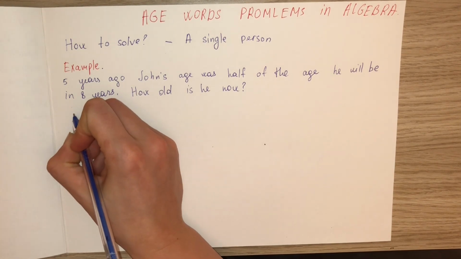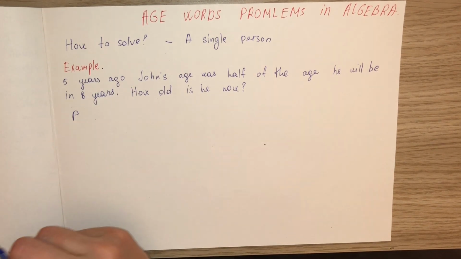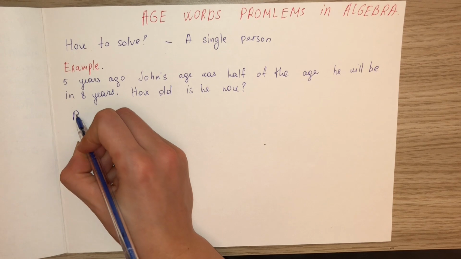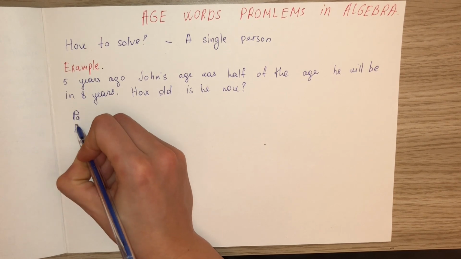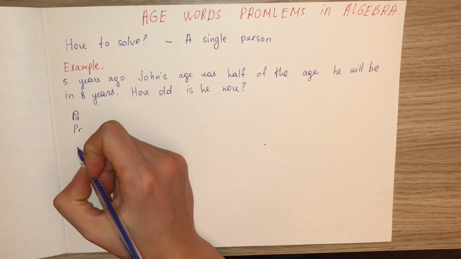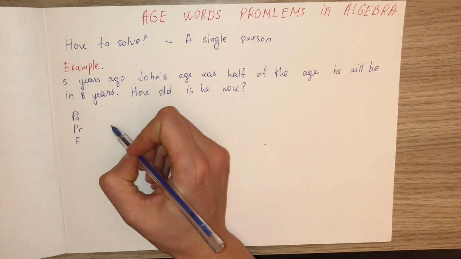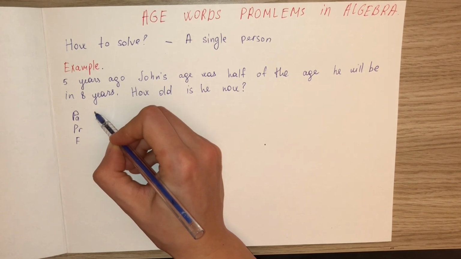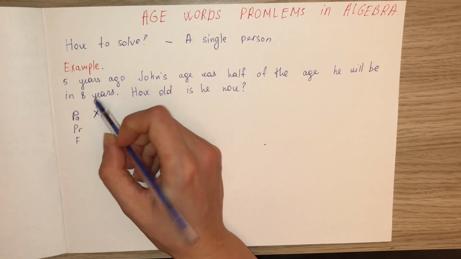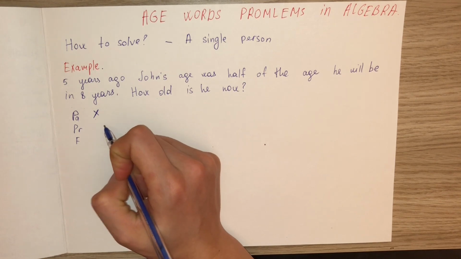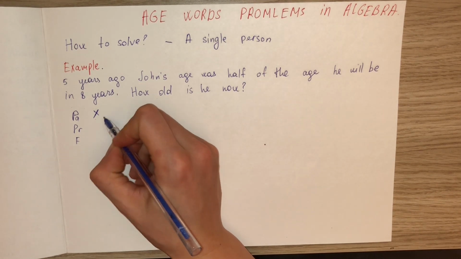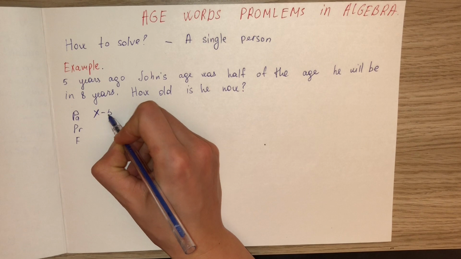So let's write here past, present, and future. Let X be John's age. 5 years ago, it is X minus 5.